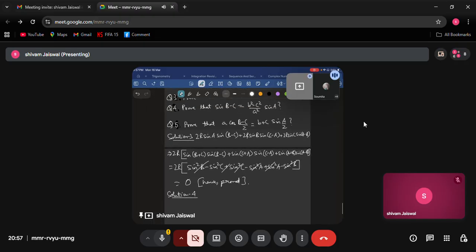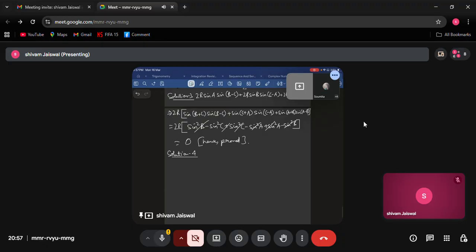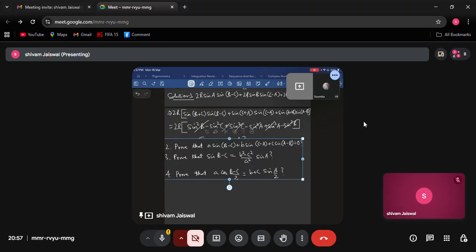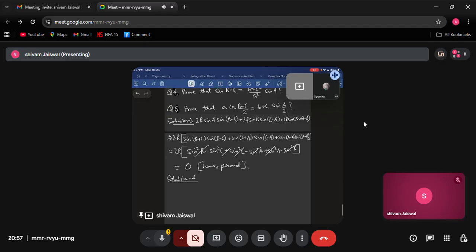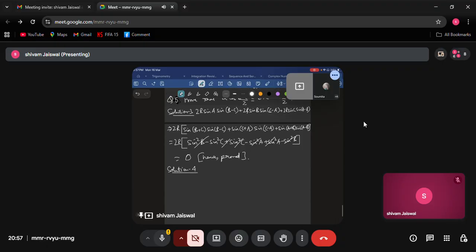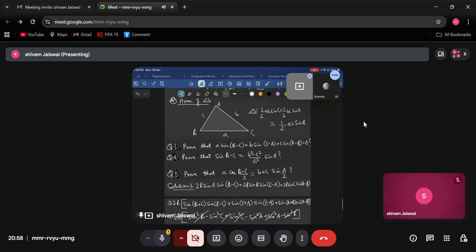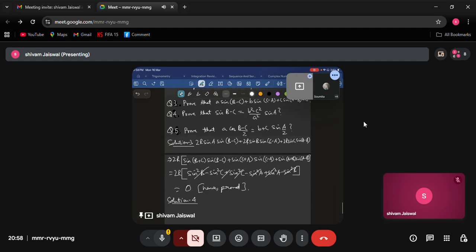Okay, sine of (b minus c) is equal to (b square minus c square) by a square into sine a. Let us simplify the right hand side then.